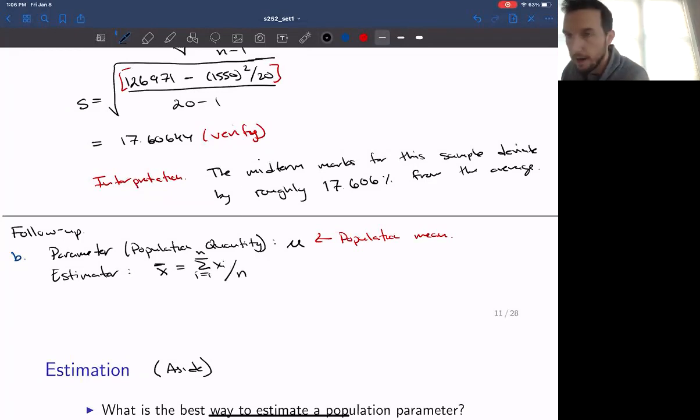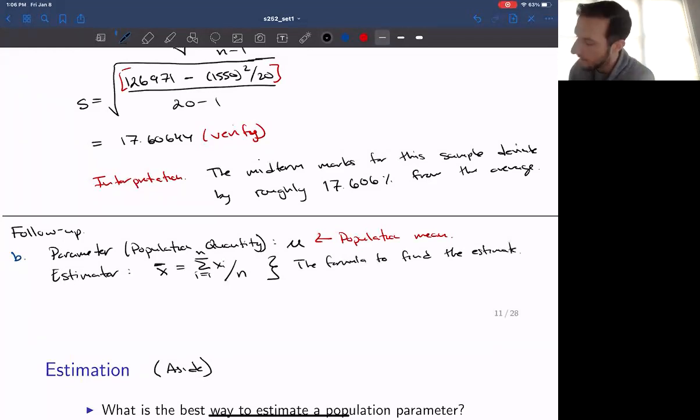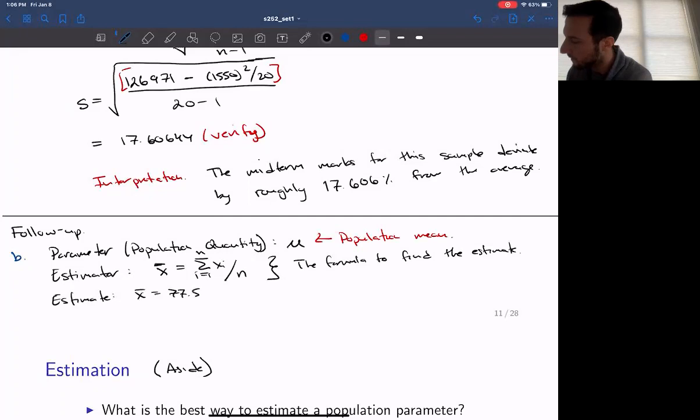It's like the formula to find the estimate. And then the estimate would be the result, which is that x bar is equal to 77.5.